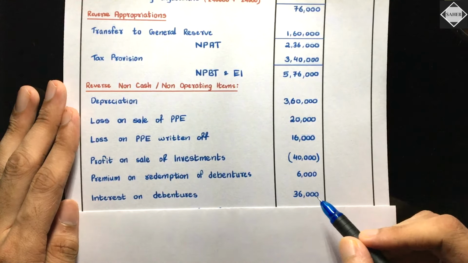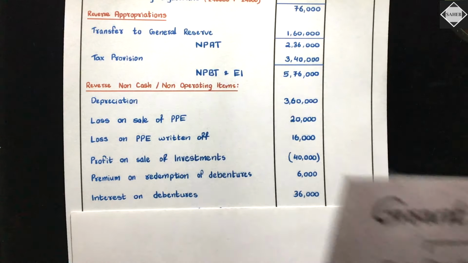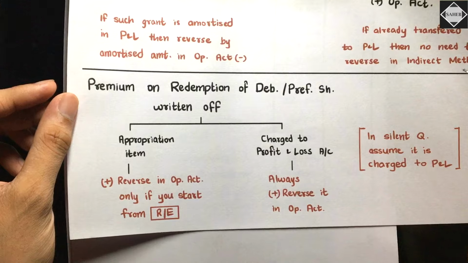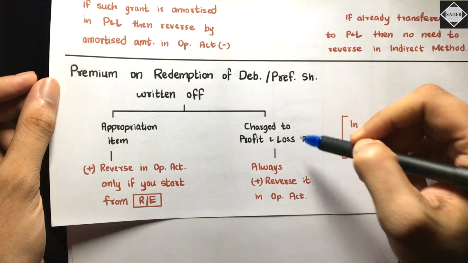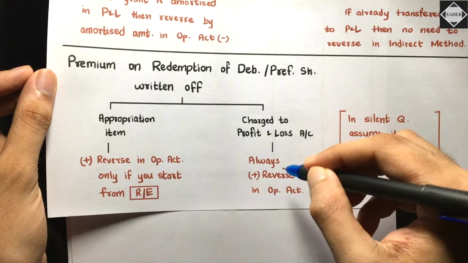Clear? Okay. And then regarding premium on redemption of debentures, why are we taking this over here? I told you in the first video of this chapter that premium on redemption of debenture or preference shares written off can be an appropriation item as well as a charge to profit and loss. Charge to profit and loss means what? It has been debited inside the P&L account, right?